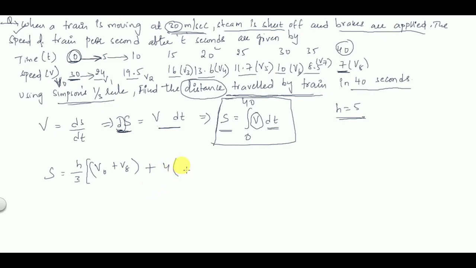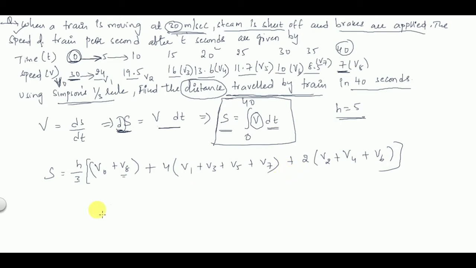Odd values are v1 plus v3 plus v5 plus v7, plus 2 into even values. Even values are v2, v4, v6. So v8 is already included, so you should not include it here.